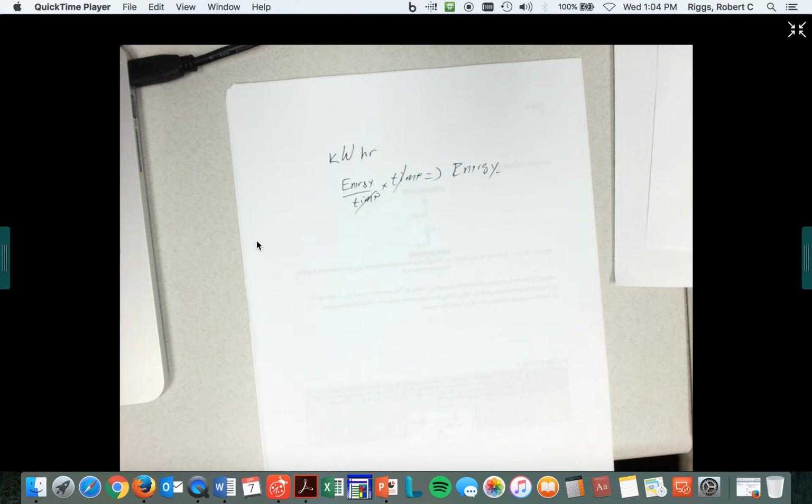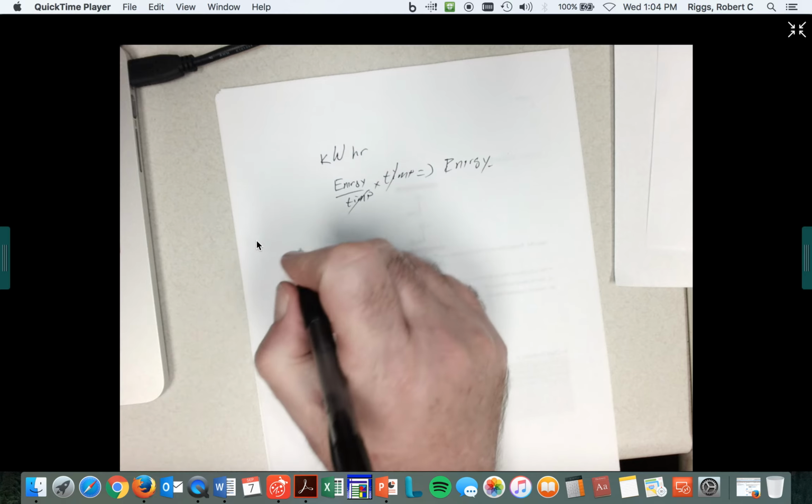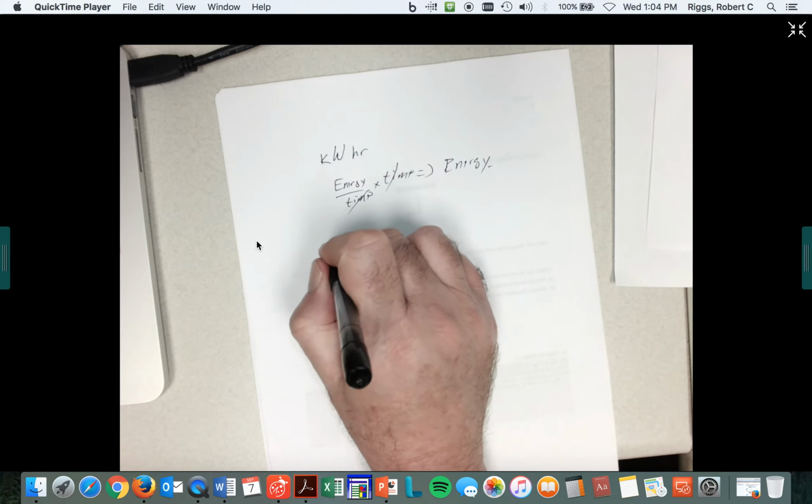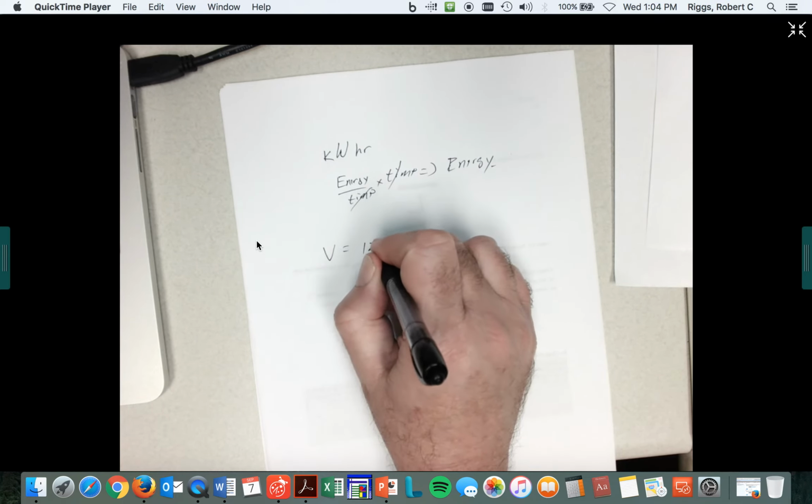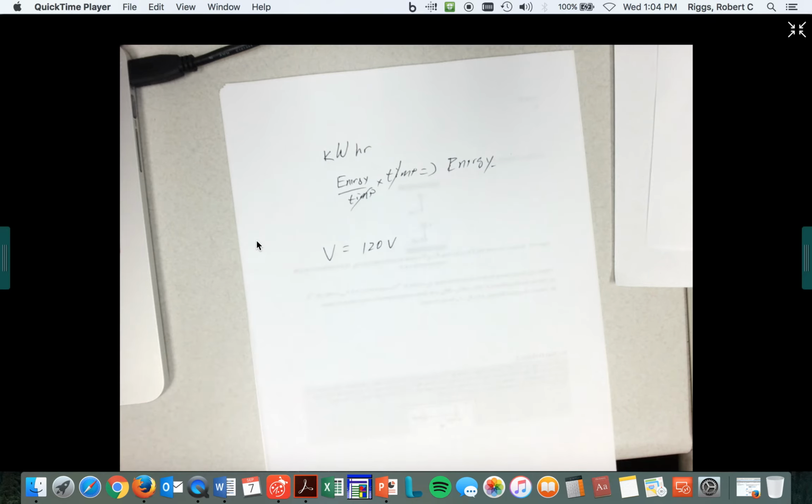All right. That's it on power. That's basically it. So, a simple one: let's say you're running 120 volts direct current. Actually, it's an AC current, but you've got little rectifiers on your appliances that turn it into a direct current type thing.